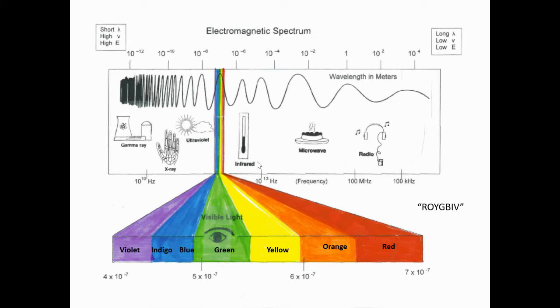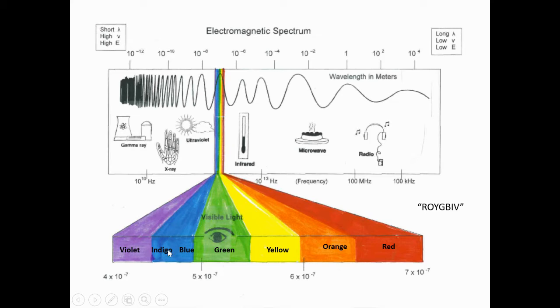So after infrared is what we call the visible light spectrum. Now we see visible light as just white light. We don't really see any color. But if we were to put it through a prism, the prism will split that light into a rainbow. So if you've ever gone outside after a rainstorm, you will often see rainbows in the sky, and you will see bands of color: red, orange, yellow, green, indigo, and blue.